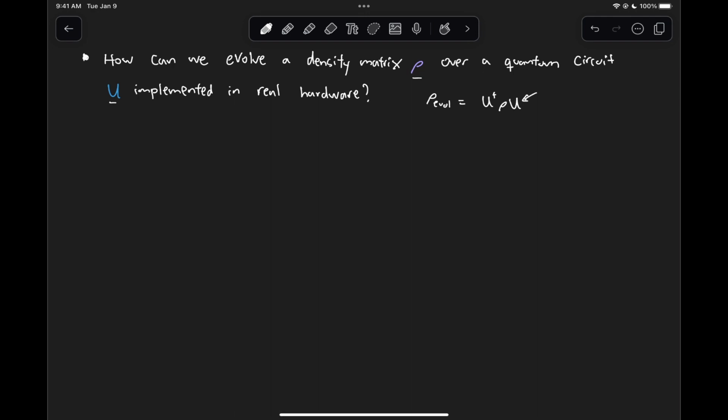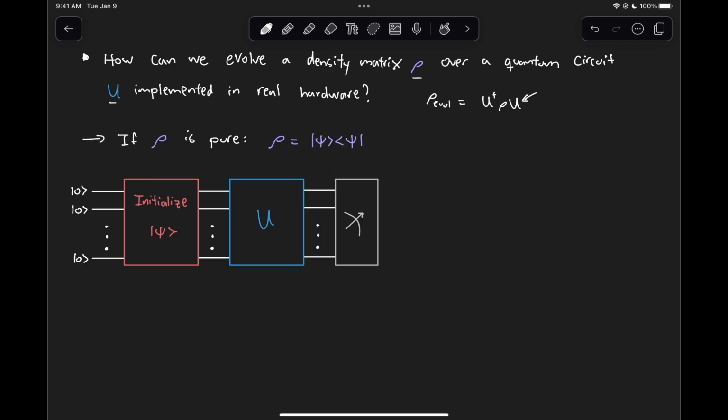It's going to be some noisy unitary, so it's going to be a quantum channel that might be very difficult to characterize. So ideally, what we want to do is initialize our circuit to use this state ρ and then evolve it through the actual hardware. If ρ is a pure state, this is simple enough, right?